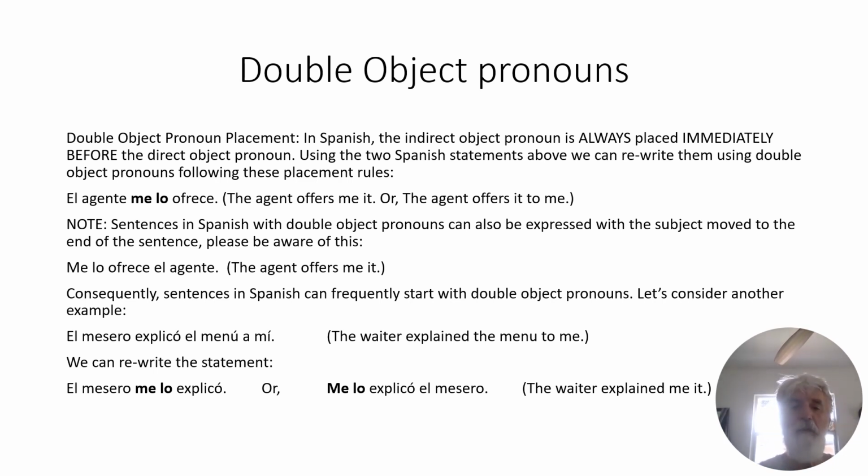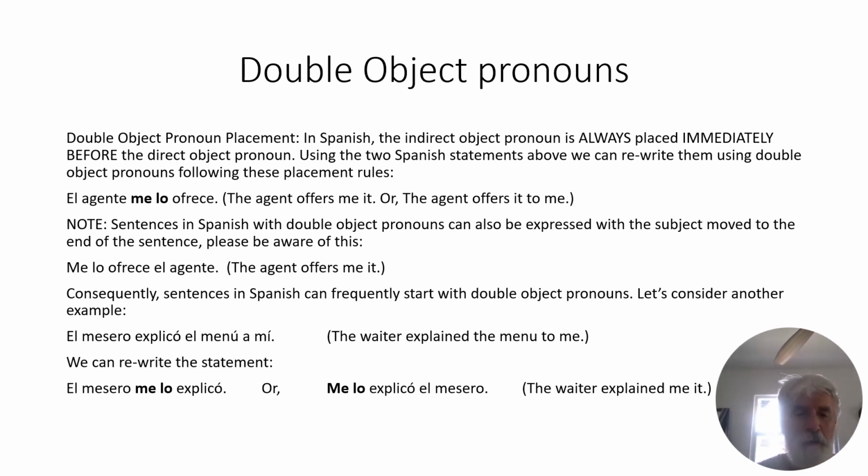In Spanish, the indirect object pronoun is always placed immediately before the direct object pronoun. So now, if we have two pronouns, double object pronouns, we always put the indirect object pronoun first, okay? And then the direct object pronoun. If you can remember that, you've got this 50% under control, okay?